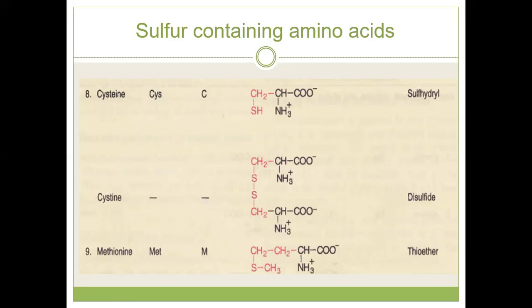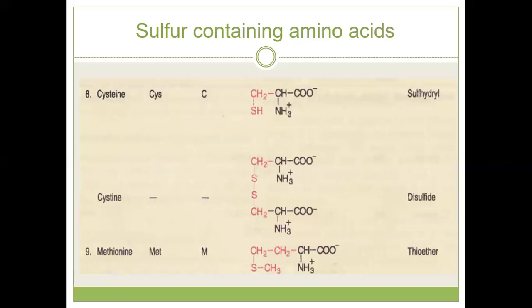Then the next one, we have methionine. In the methionine, we have the beta carbon, the gamma carbon, and the delta carbon. Between the gamma carbon and the delta carbon, they were attached to each other by thioether group.